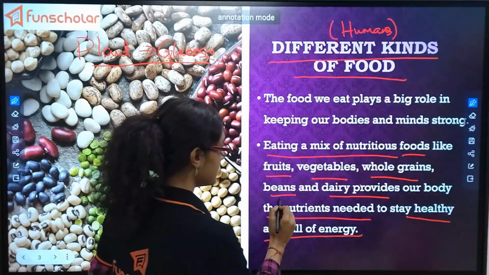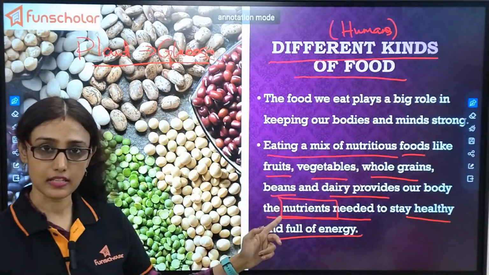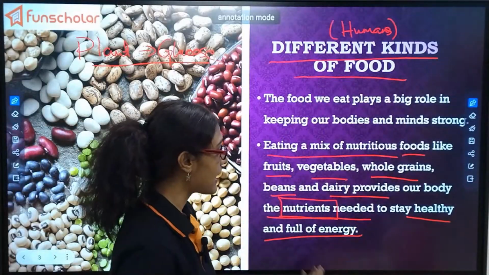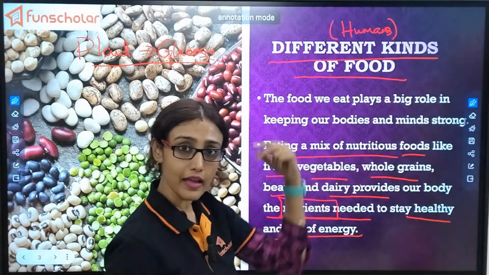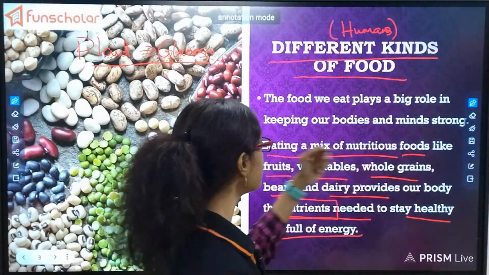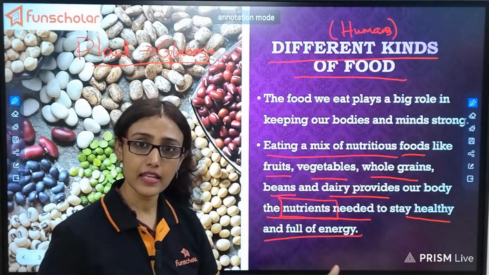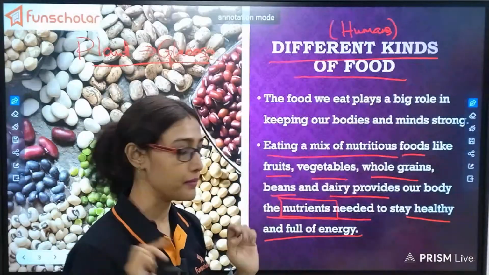Okay, there is a new terminology. What is nutrient? I'll tell you just now. First, from this slide, you just need to understand that why do we eat different types of food? Because different kinds of food have various amount of nutrients.